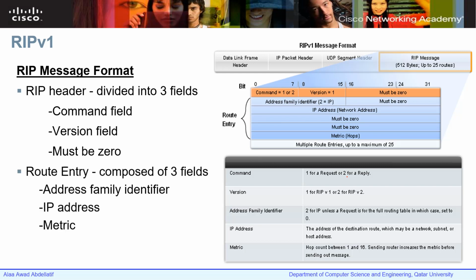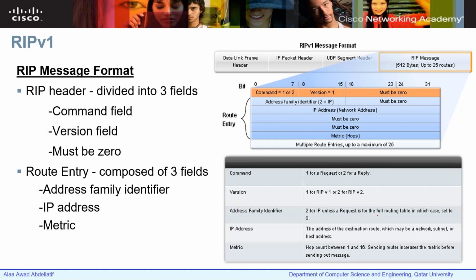The route entry contains the address family identifier, IP address, and metric. The address family identifier indicates whether this message will have an IP address or not, because at the time RIP was invented, there was the IP protocol and other protocols. For example, if this family identifier is 2, it means that I'm using IP.